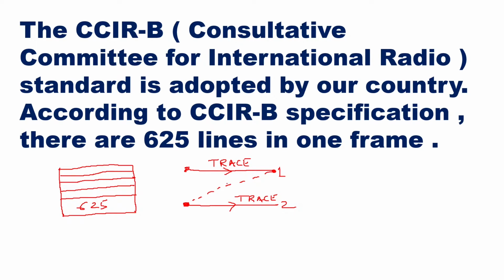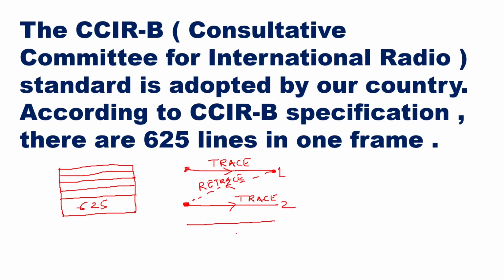Going from the end of the first line to the start of the next line is called retrace. Retrace has no information, and in that period the picture is blanked for a fraction of a second. So there is tracing of the first line, then retrace, then tracing of the second line, then retrace.